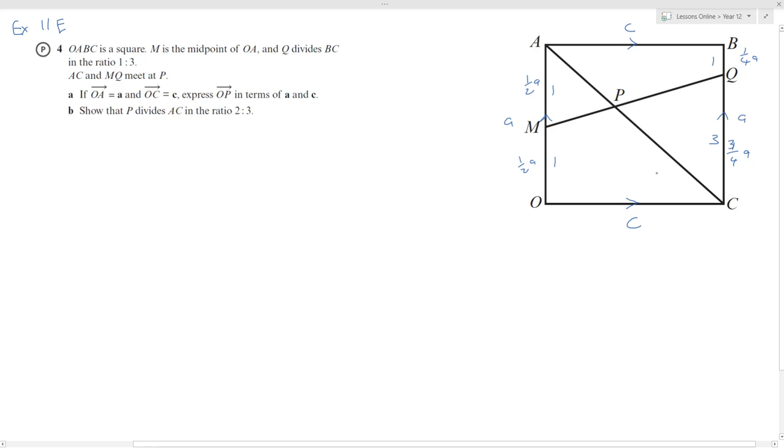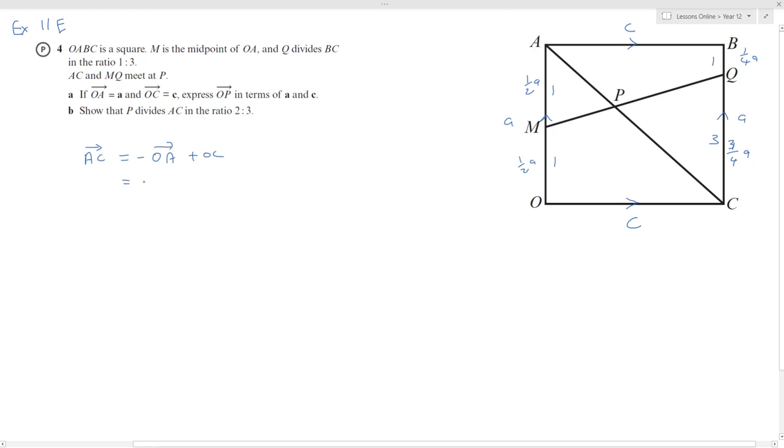Right, express OP in terms of A and C. Well, first things first, let's look at this diagonal. It's running from A to C. So we can say the vector AC is given by, if I want to go from A to C, I can also go from A to O to C. So I can go minus OA plus OC.